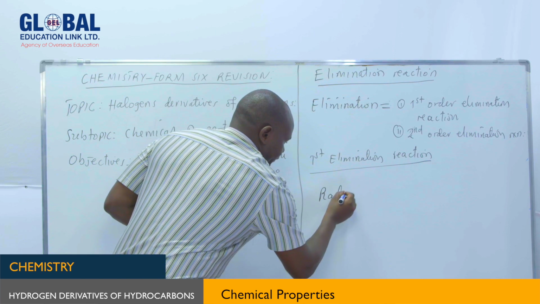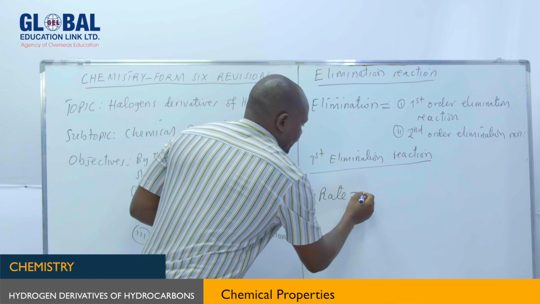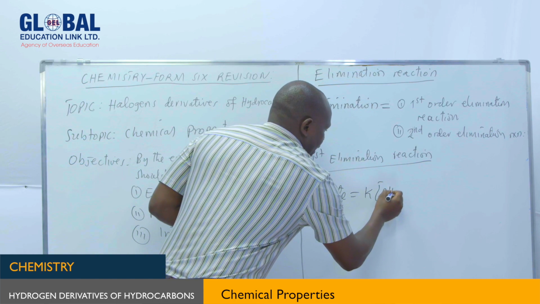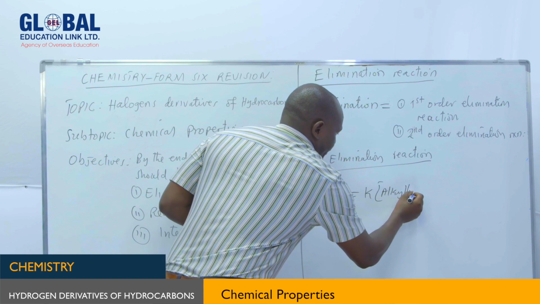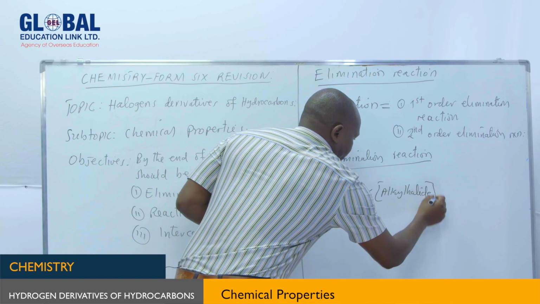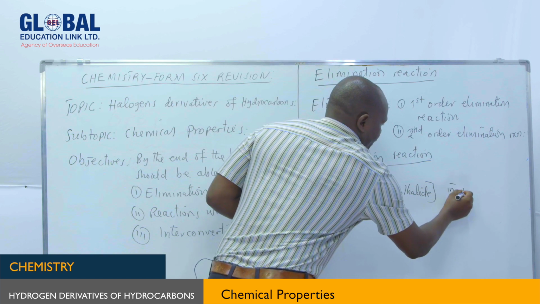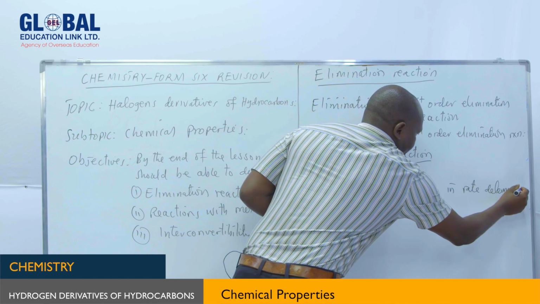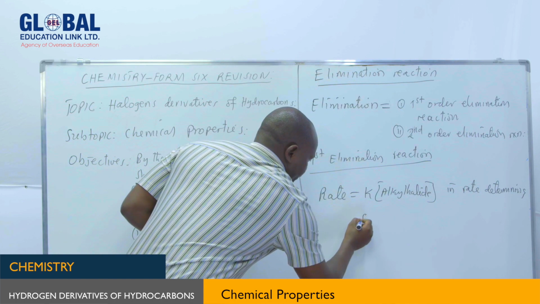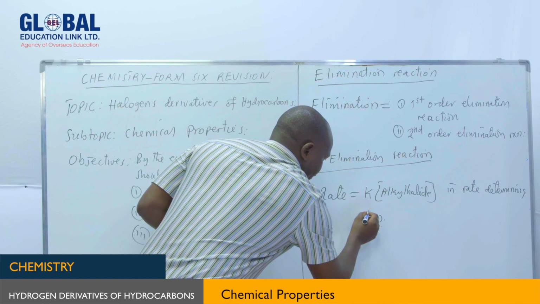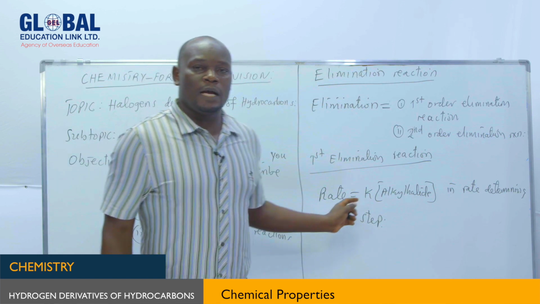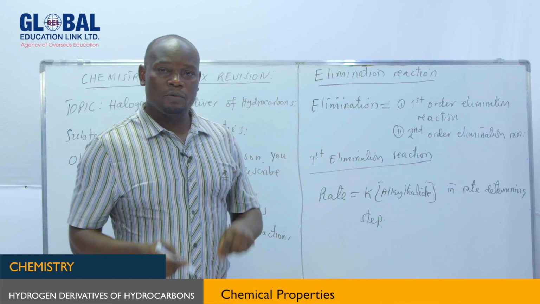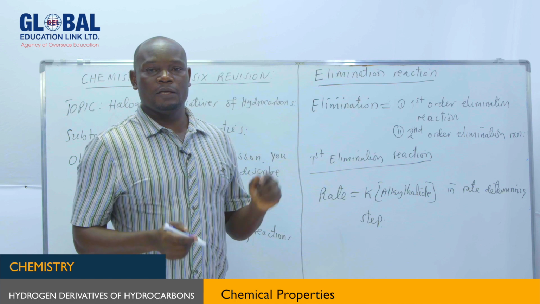So the rate is determined by the rate constant times the concentration of the alkyl halide in the rate determining step. And the elimination reaction in halogen derivatives of hydrocarbons takes place under alcoholic conditions of a strong alkaline solution.